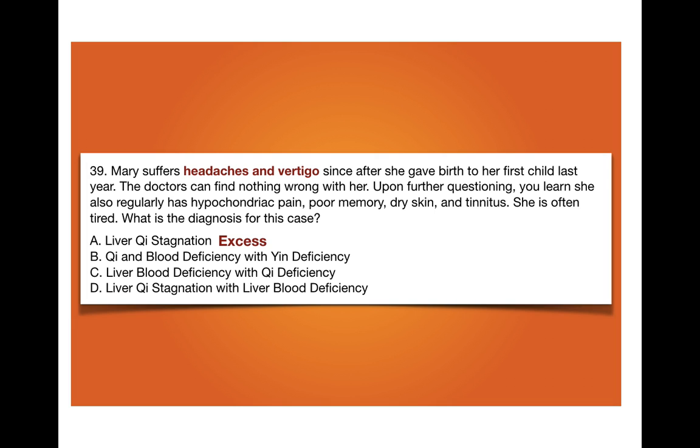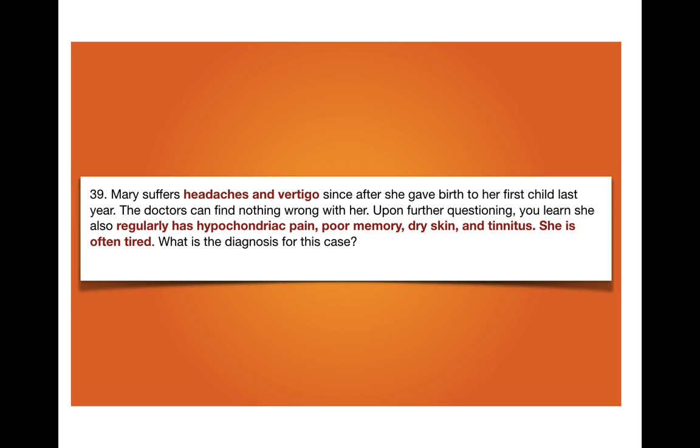And our second one, qi and blood deficiency with yin deficiency, is deficiency with deficiency heat. And then liver blood deficiency with qi deficiency is going to be pure deficiency. And then our last one, liver qi stagnation with liver blood deficiency, is our excess and deficiency answer.